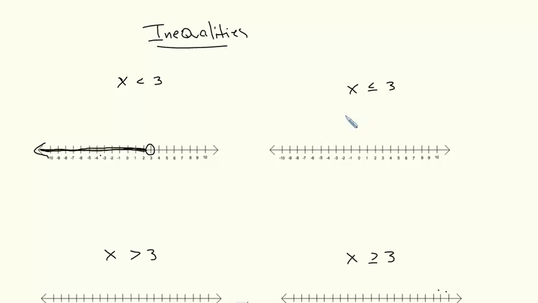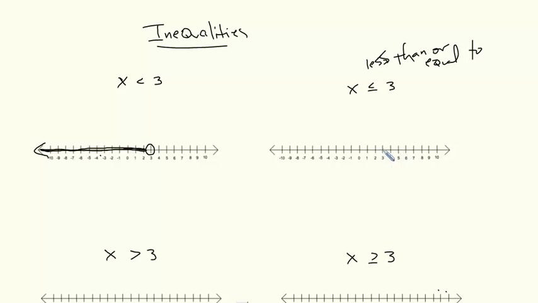All right, if I move on to my next example, x is less than or equal to 3. That's what that line under the less than symbol means. It could be less than or equal to.